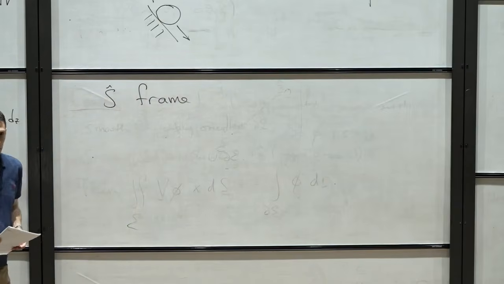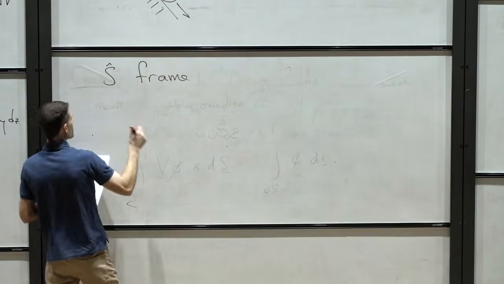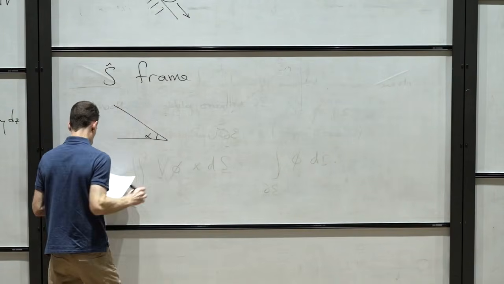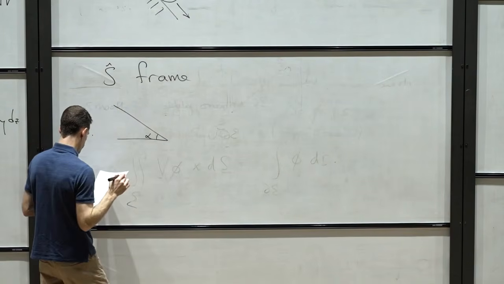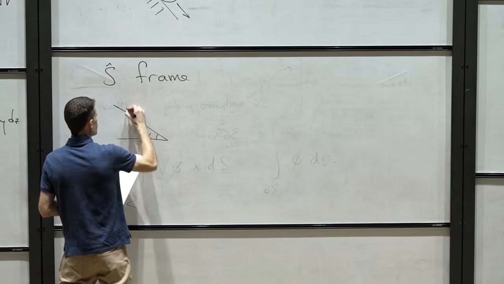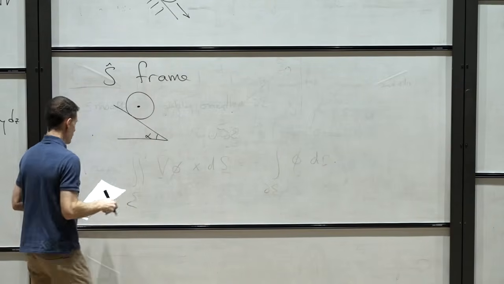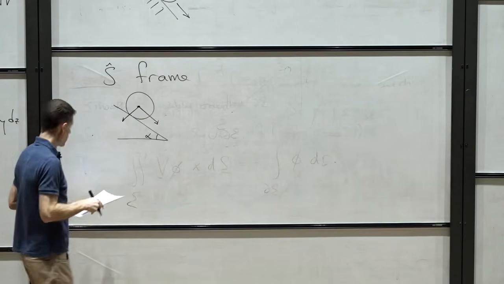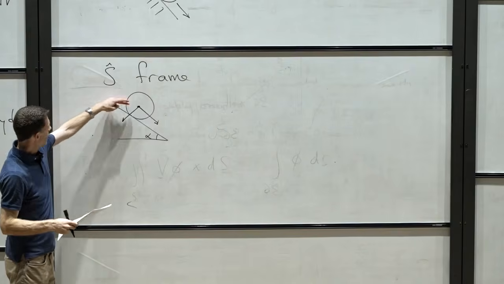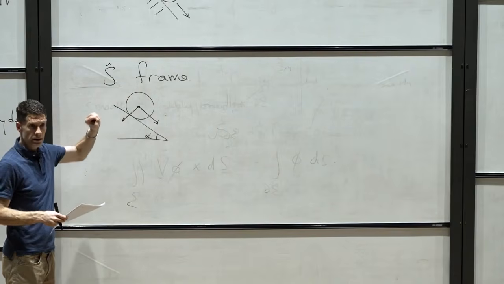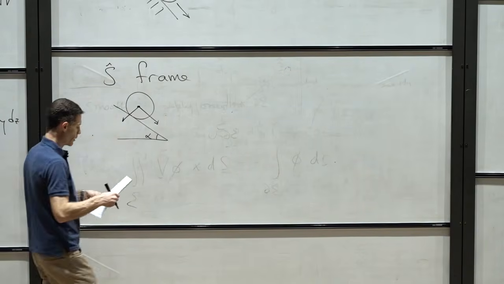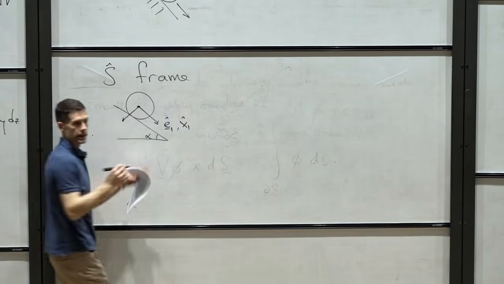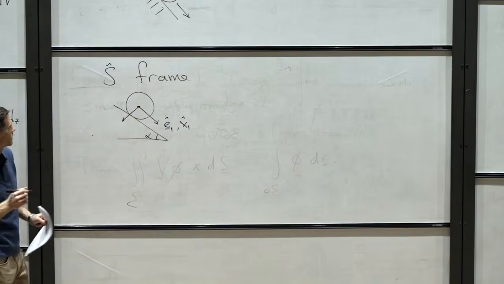So let's start with an E hat frame, an inertial frame. I'm going to put the origin at the center of the mass at the start, and I'm going to call that the E1 hat direction, the E1 hat vector, and let's use x1 hat as the variable for how far the cylinder has moved in that direction.